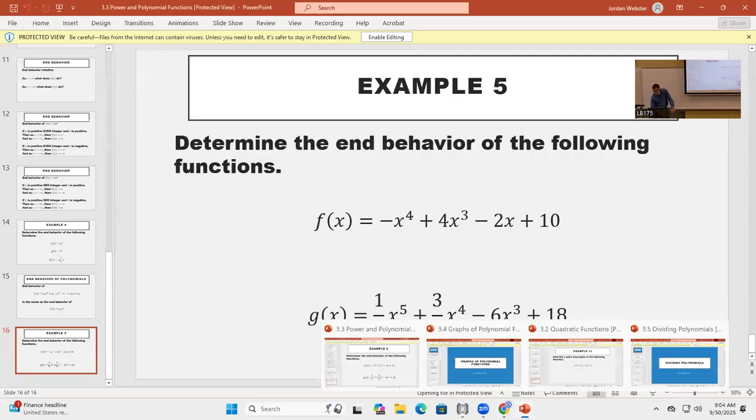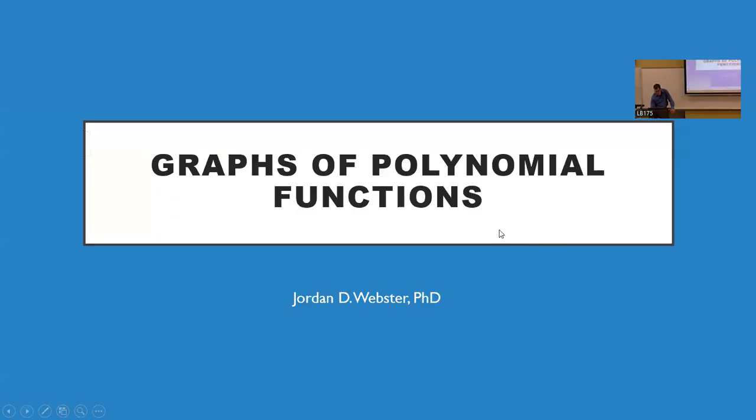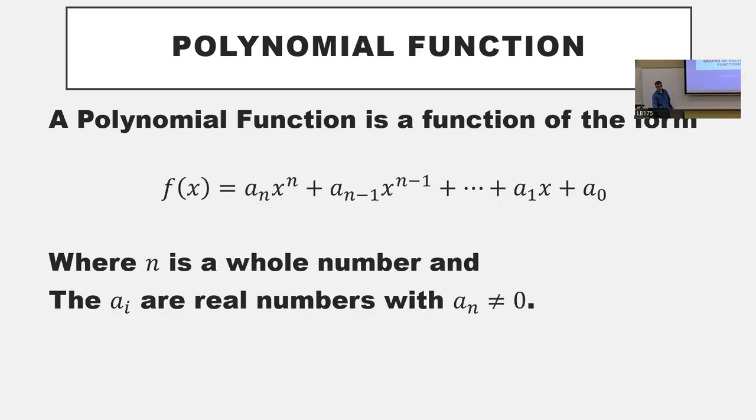Now, that is a feature of these polynomial functions. And specifically, it's a feature of the graph of the polynomial function. And in 3-4, we just move on with that concept. We're still looking at graphs of polynomial functions.